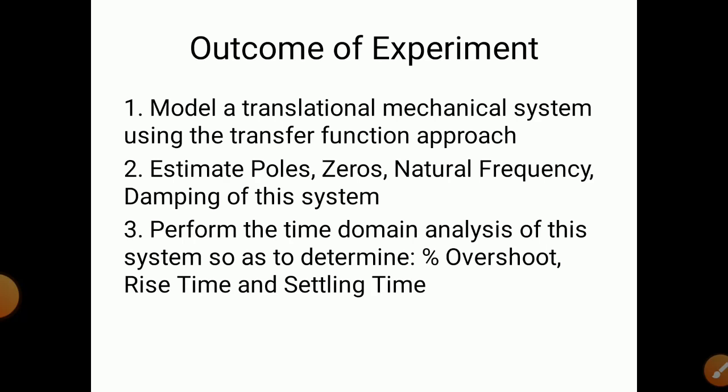Second outcome, students must be able to estimate poles, zeros, natural frequency and damping of the system. And third, students must be able to perform the time domain analysis of this system so as to determine percentage overshoot, rise time and settling time. These are the time domain analysis parameters that students must understand.